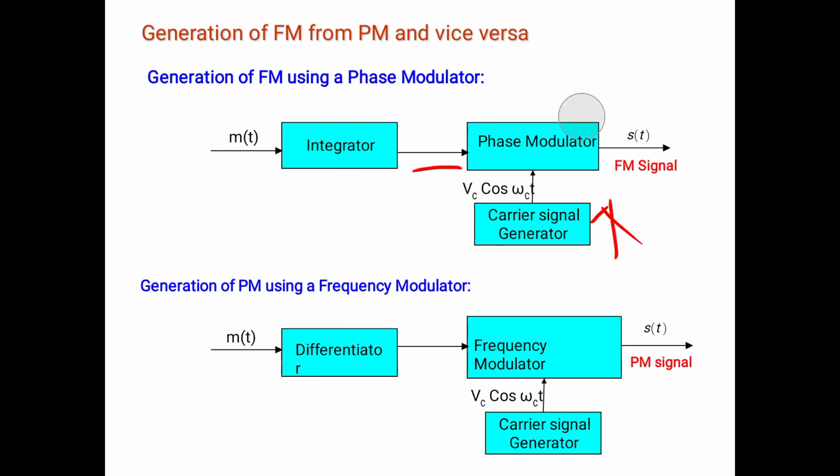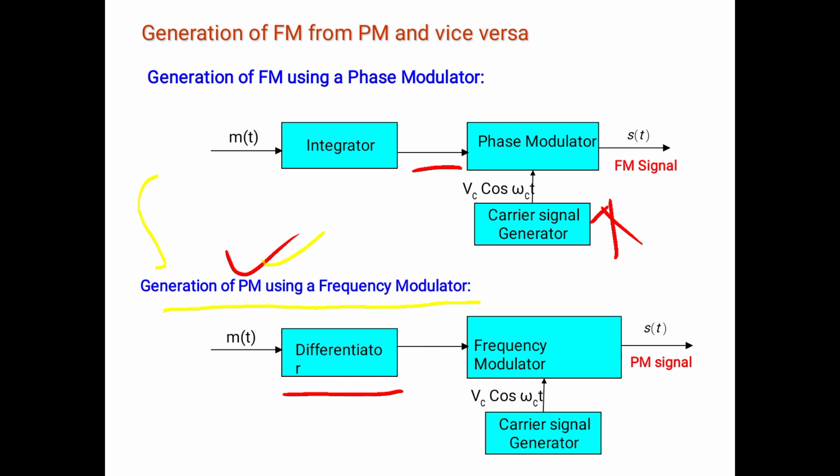Now coming to the generation of PM using a frequency modulator. In order to get PM, we need to differentiate our message signal, because in FM generation we integrate the message signal, but in generating phase modulation from a frequency modulator, we need to use a differentiator.